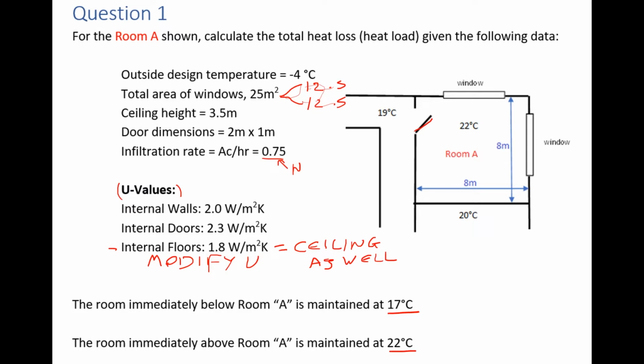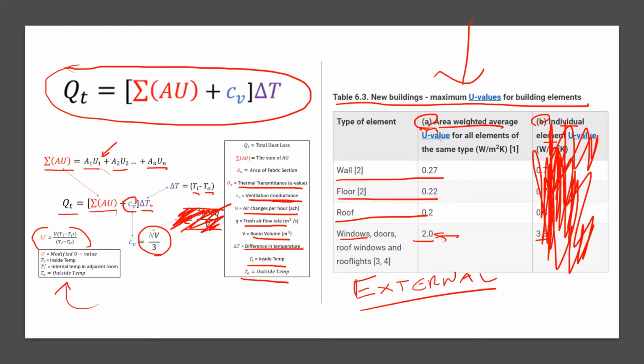Cool. Excellent. And I think that's us covered everything, and we are ready to go. You might notice that it doesn't give us the U value for the windows or the U value for the external wall. But keep in mind, we're going to get those values from that table we looked at a second ago, which I've scribbled all over, but that one from the building regs.